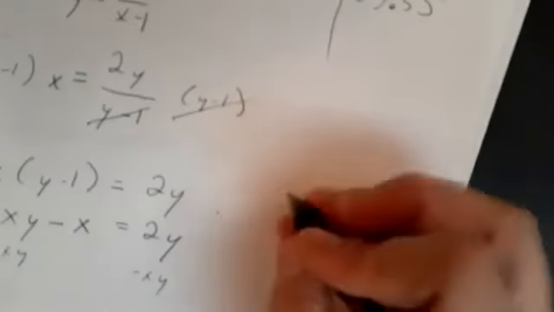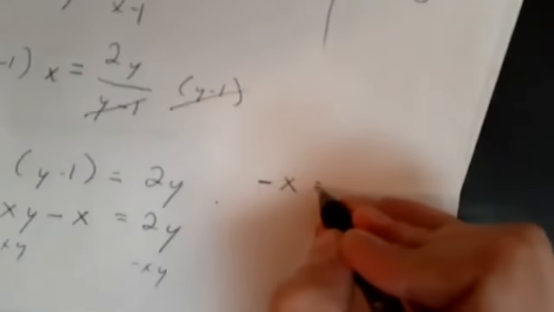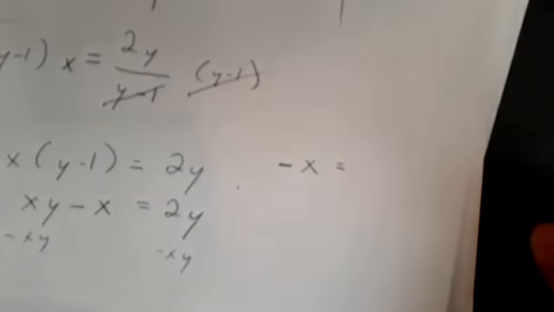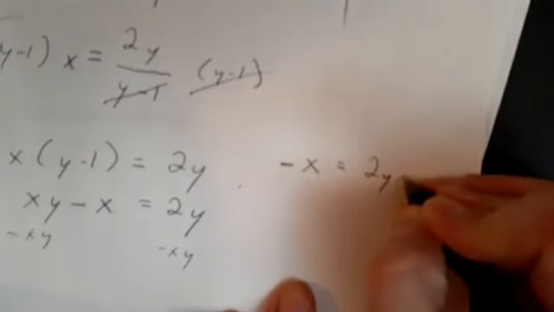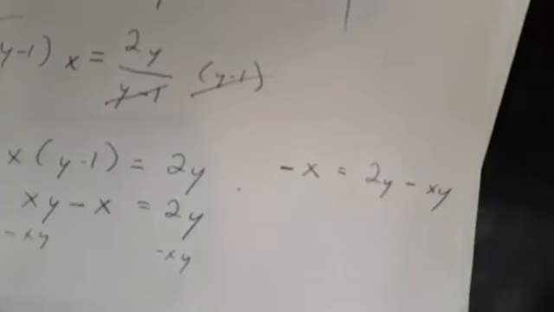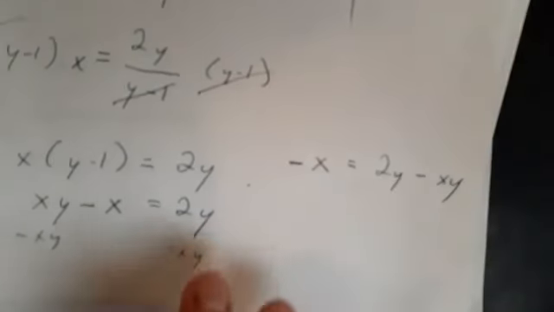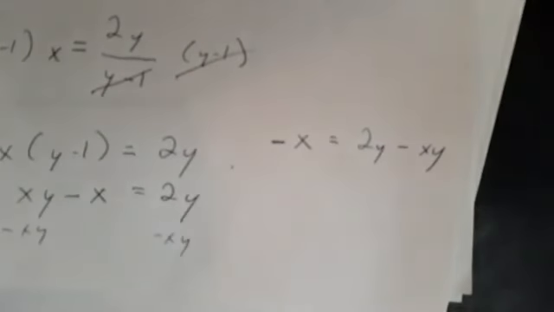And so on the left side, we had a minus x left. On this side, it looks like 2y minus xy. Okay, so I said the strategy was to get everything with the variable to one side, everything without it to the other. So we've gotten to that point.